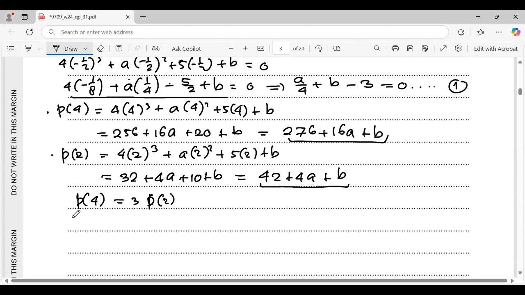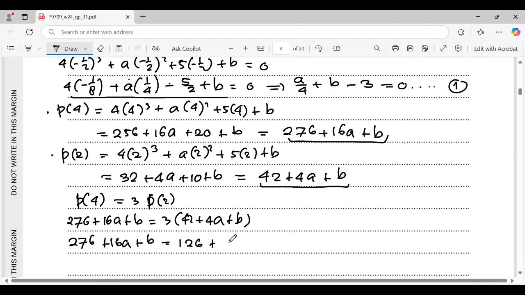So we can write that 276 plus 16a plus b equals 3 times (42 plus 4a plus b). If you multiply, 126 plus 12a plus 3b.